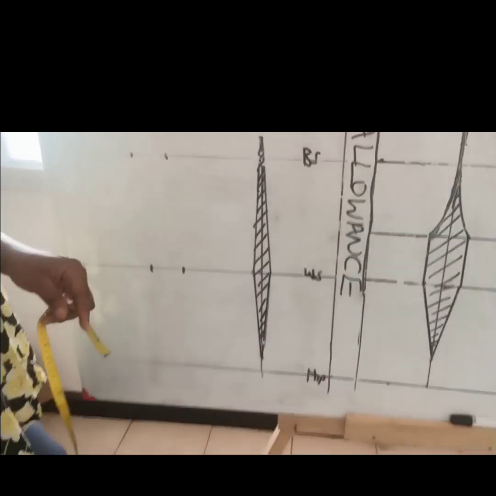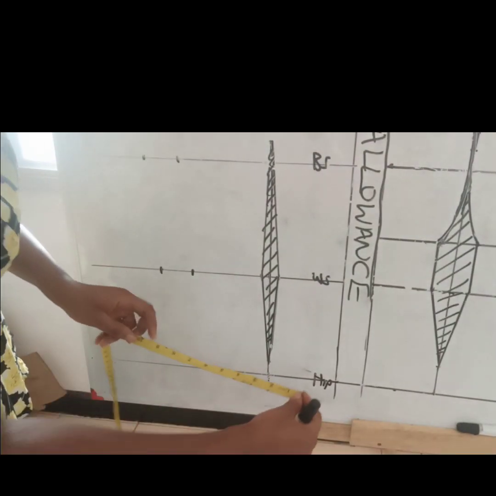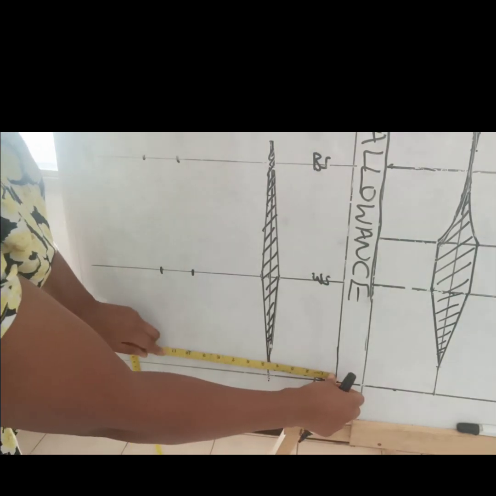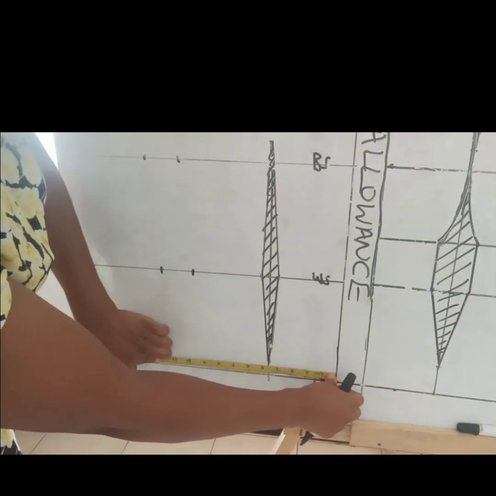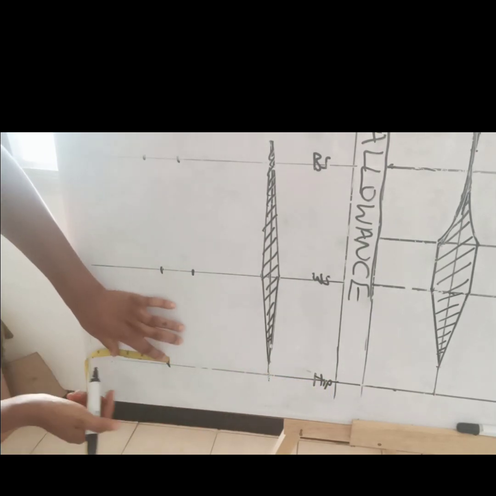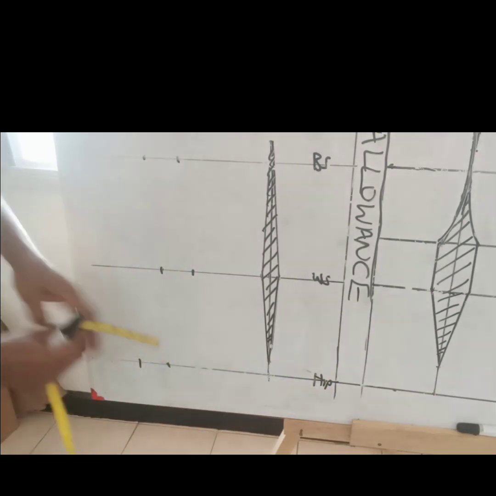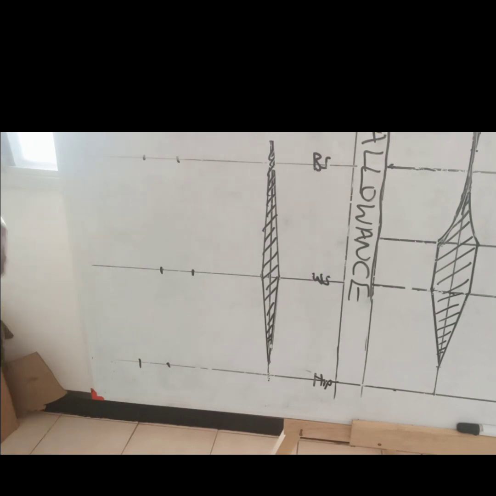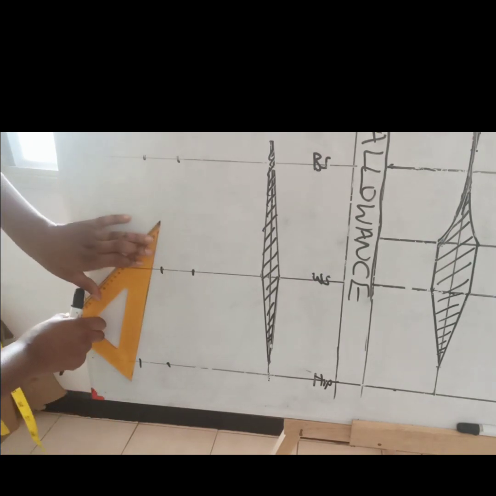Then you go to the hip line, hip divided by 4 plus the sewing allowance. And then we connect with a ruler.